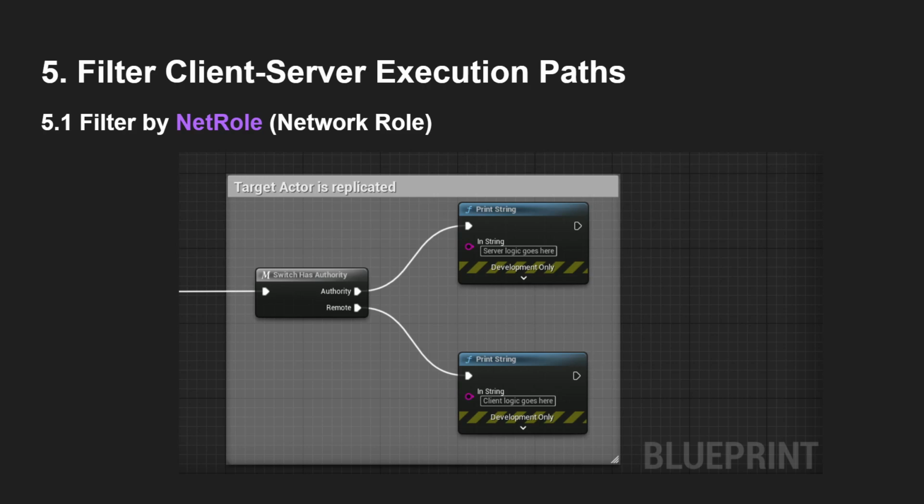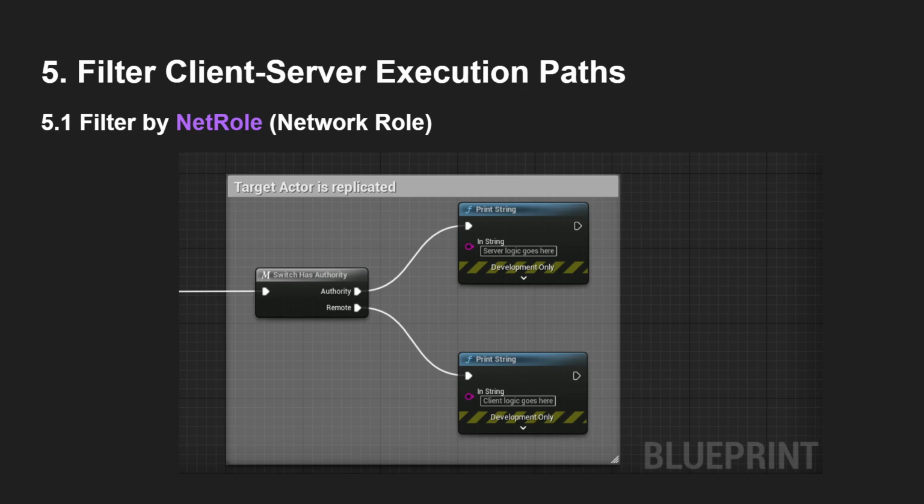Well, again, local authority does not always mean that this actor exists on the server, for the simple reason that you could end up having a local role of authority on the client. Say your example spawns an actor explicitly on the client, simply for a visual reason. The server does not need to know about it.